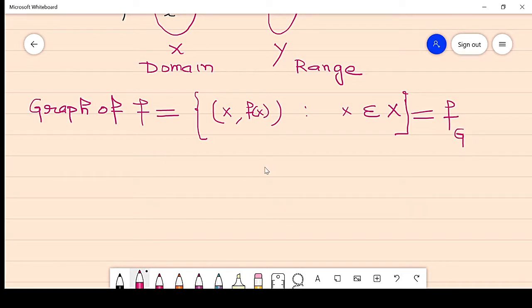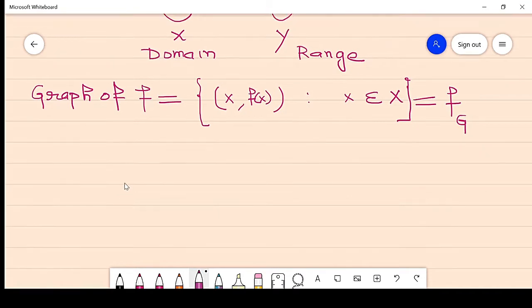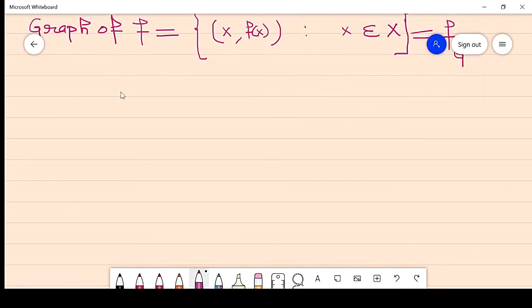So this means it is the graph of f. Now the next definition.